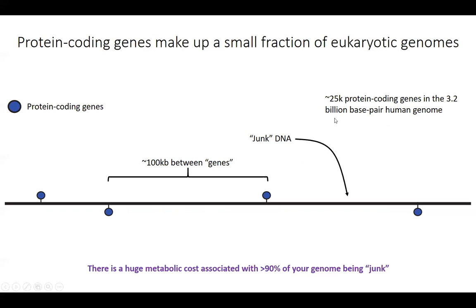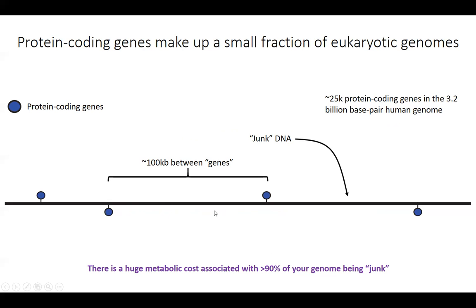So that's a pretty small fraction. These genes can have various lengths, but in the grand scheme of things, these protein coding genes we've highlighted in blue here would leave an awful lot of junk between the genes. So this would be 100,000 nucleotides between genes or more.